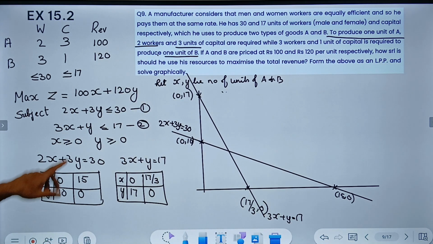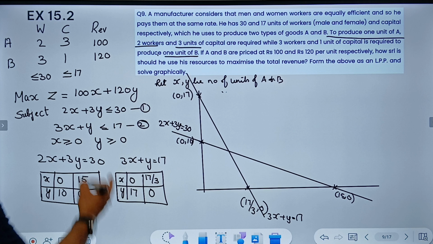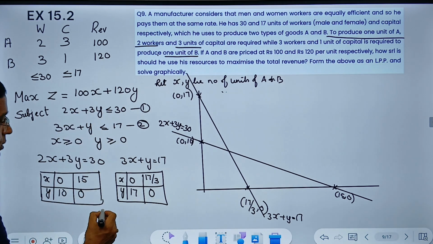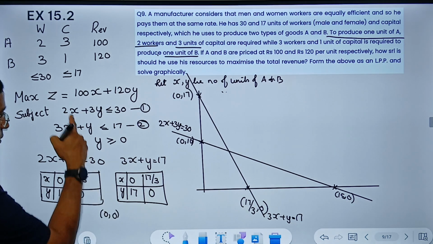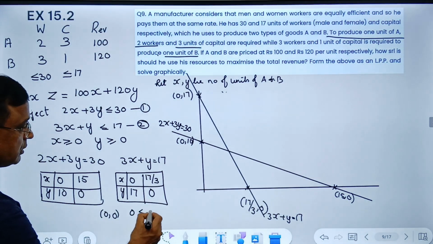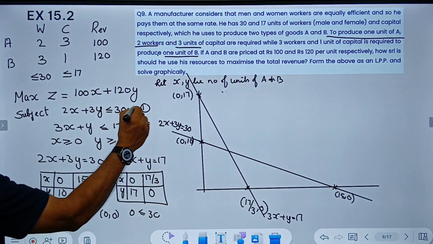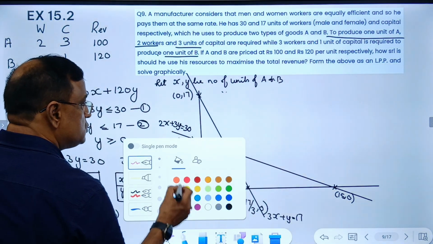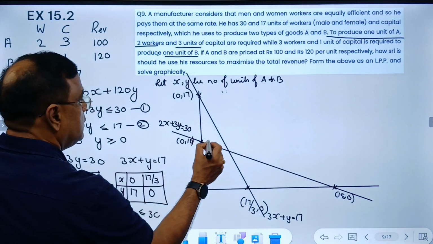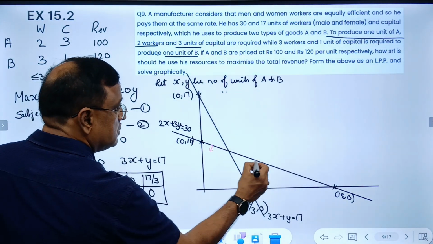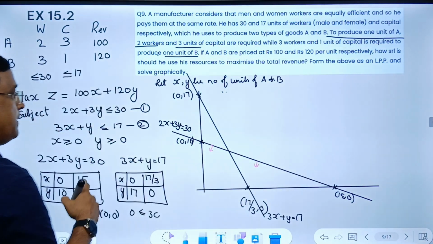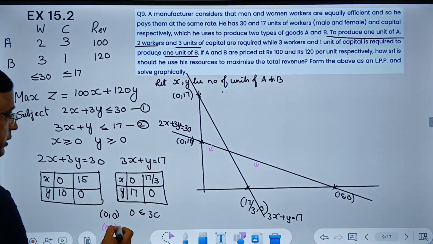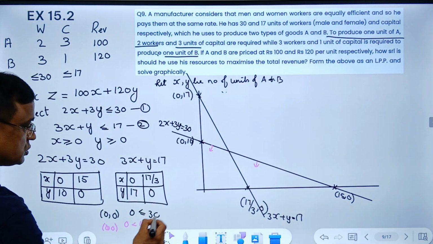Now both are less than constraints. I think you know how to find the feasible region. Substitute origin. If you substitute origin, you get 0 less than or equal to 30 in the first, which is true. So it is towards origin, the pink color lines. And if you substitute origin again in the second, you get 0 less than 17, which is also true.